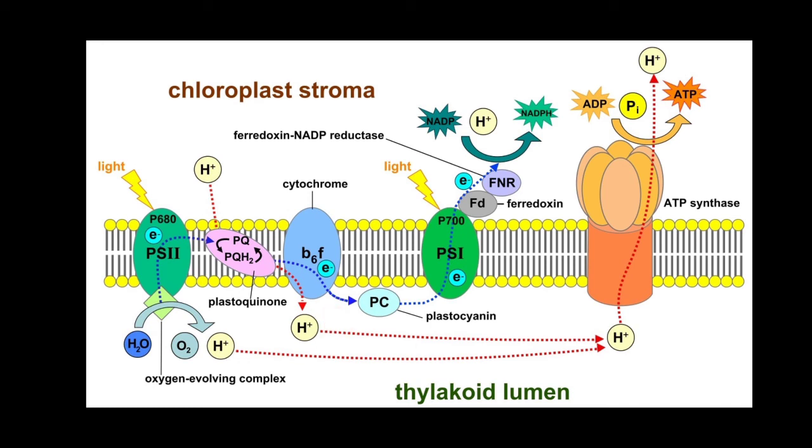These protons will be pumped out with the help of another enzyme. It's a proton pump, but it goes by the name of ATP synthase, and you are familiar with it by the name of oxysome.